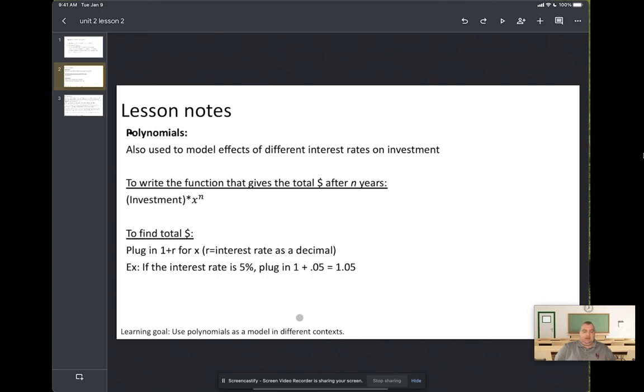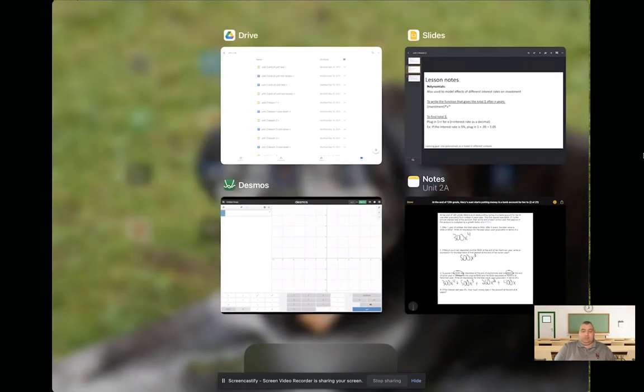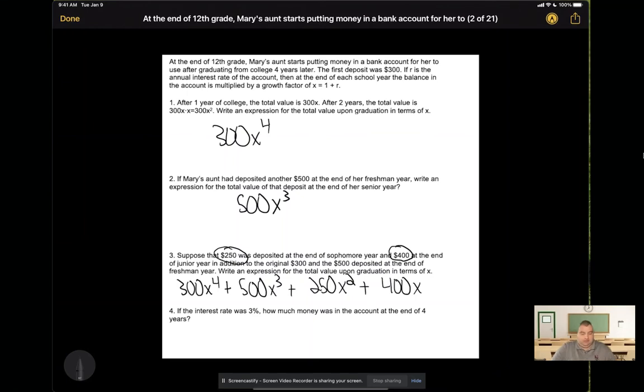In this case, the interest rate was 3%, so instead of 1.05, I'm going to plug in 1.03. I'm going to take this expression, 300x to the power of 4 plus 500x cubed plus 250x squared plus 400x, and replace x.